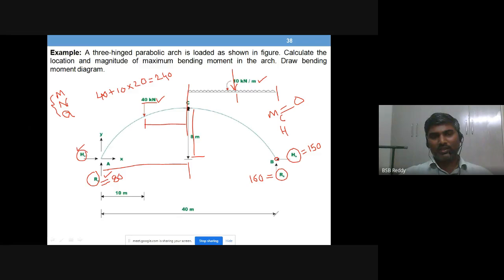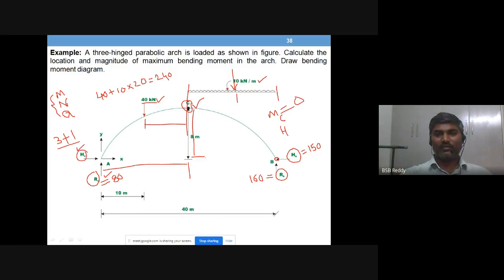That means there will be four unknowns because you have two hinges at two ends. Each hinge will have two reactions. So total four reactions, but you are able to apply three equilibrium equations, and the other equation what we use is the internal hinge condition. That means moment at C is equal to 0. So this is how you are able to solve the external support reaction.